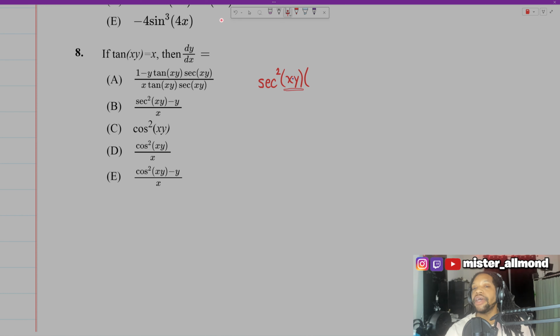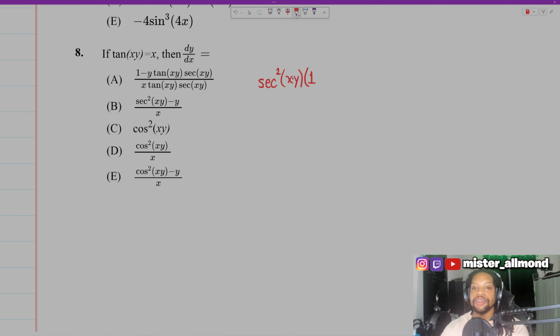But I just noticed that xy is a function of something other than x. So therefore, I have to use the chain rule, which says to multiply by the derivative of my inner function xy. But here's where some people can kind of get confused, because multiplying by the derivative of the inside requires yet another derivative rule, which is the product rule. So that's what I'm about to do right now.